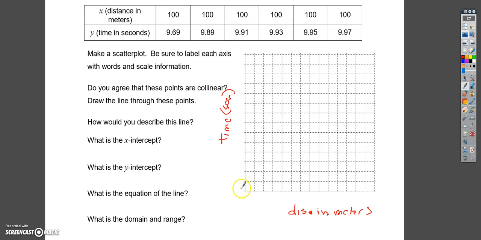So I'm going to make this 0, 25, 50, 75, and 100.